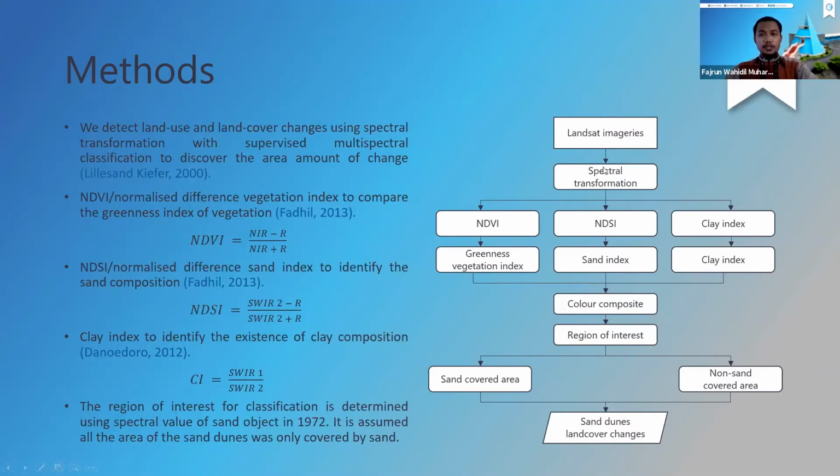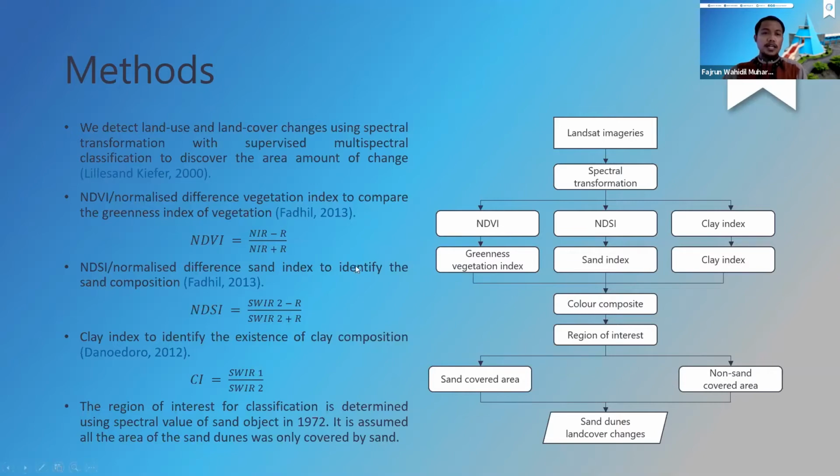First, we use NDVI as our first transformation index, the normalized difference vegetation index, to compare the greenness index of vegetation because we find a lot of massive plantations there.